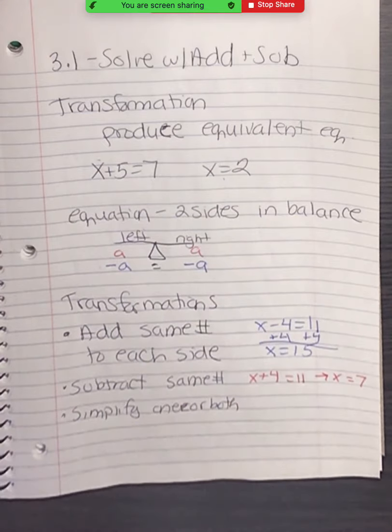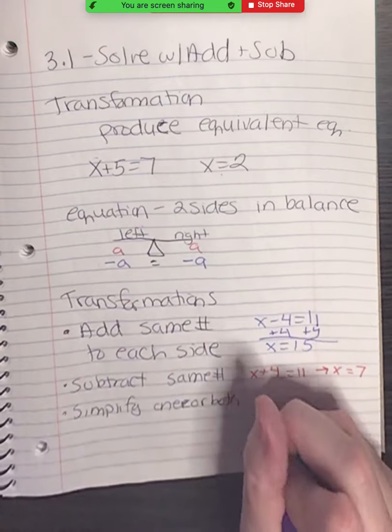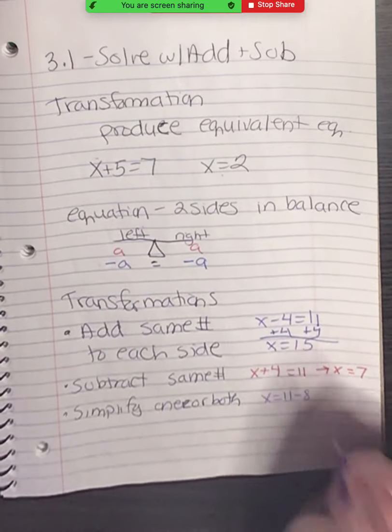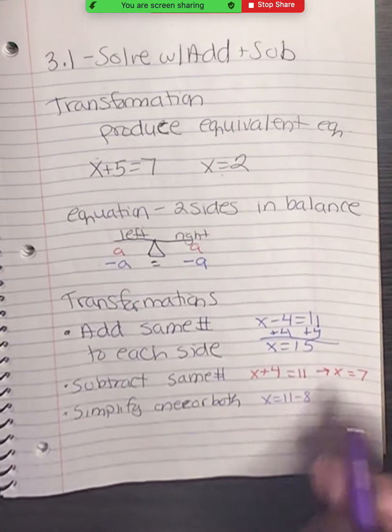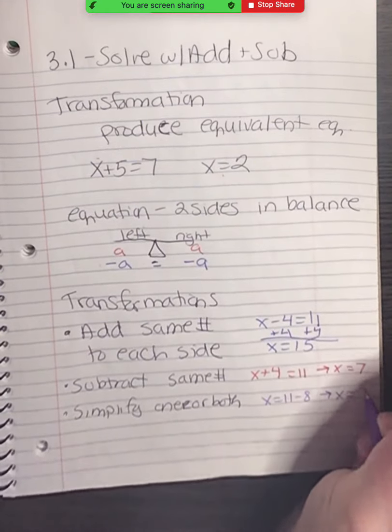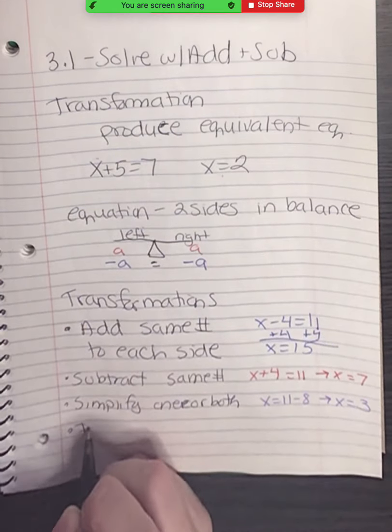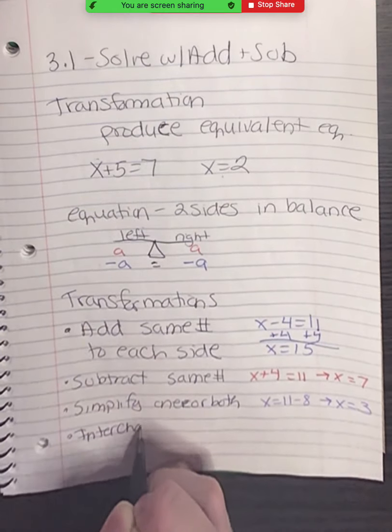You can simplify one or both sides. So think of this one as x equals 11 minus 8. I can simplify 11 minus 8 and get x equals 3. And you can interchange both sides.